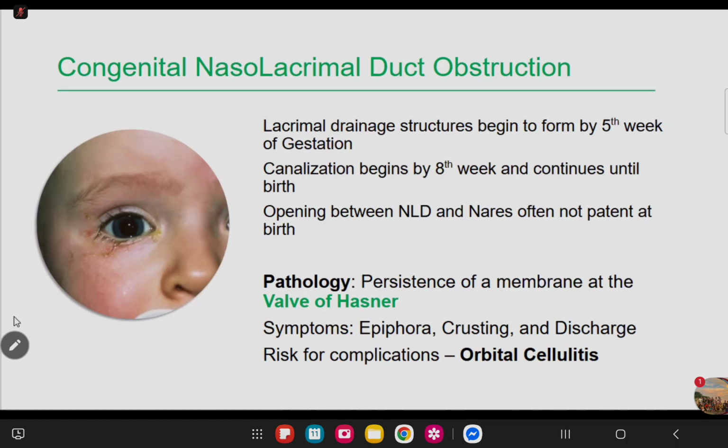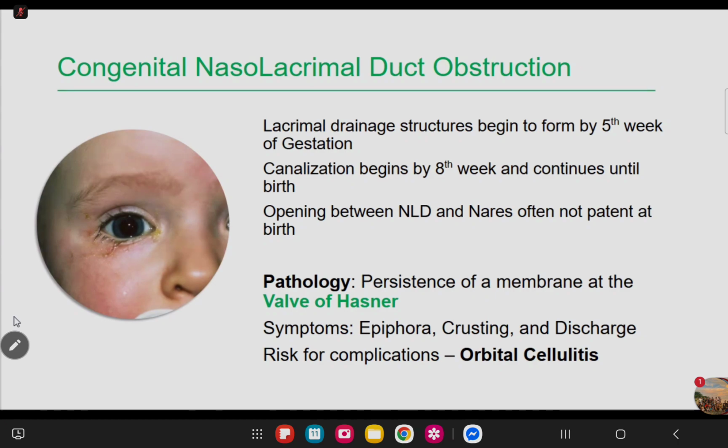Since infants are relatively immunocompromised, their immune system still building up, infections have the potential to spread, causing further problems such as orbital cellulitis or sepsis. So it's important to assess the nature of the discharge and tearing.